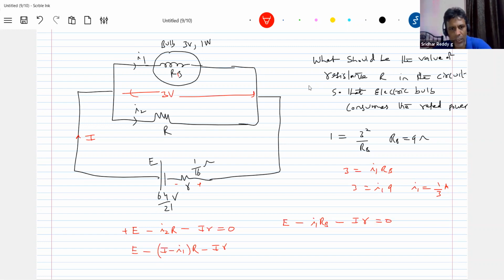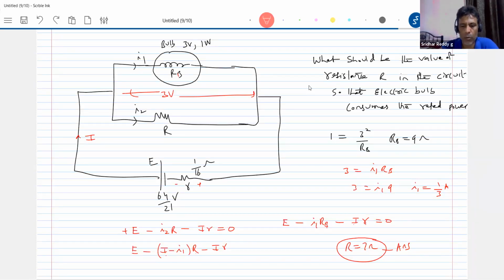Do we know the value of E? Yes. Do we know the value of I1? Yes. We know the resistance of the bulb. We know small r, so we'll get the value of I. That value of I I'll substitute here. I'll get the capital R, which is the unknown we can determine. R will come 7 ohm. Check the answer. I'll give one more problem.